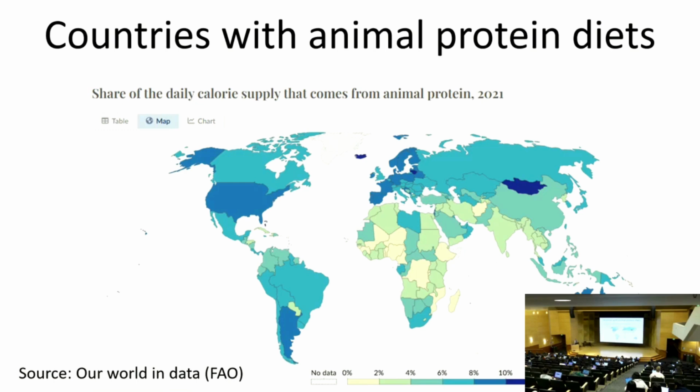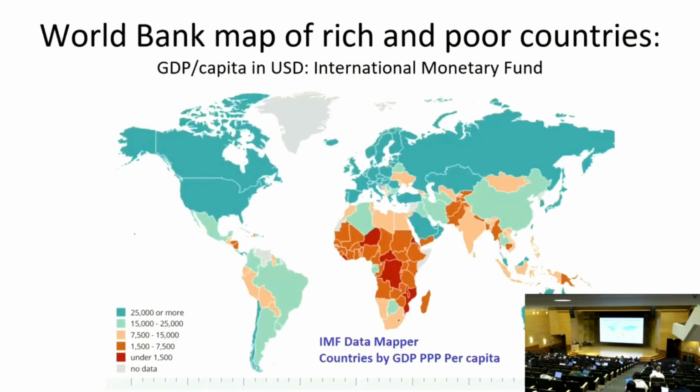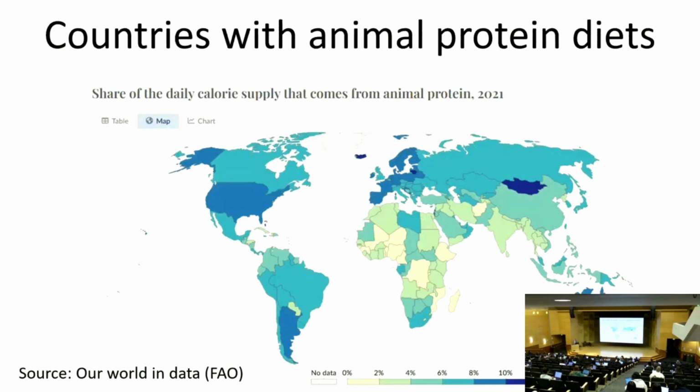So notice the poor countries on the previous slide are the ones that do not have animal products in their diet. What they have is traditional plant-based diets with grains and root crops, actually a lot of starches, and sometimes not enough variety. Those were the traditional diets of those particular regions. They're changing right now as we have nutrition transition going on in the world.